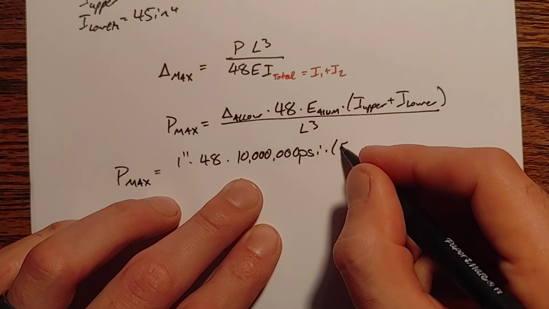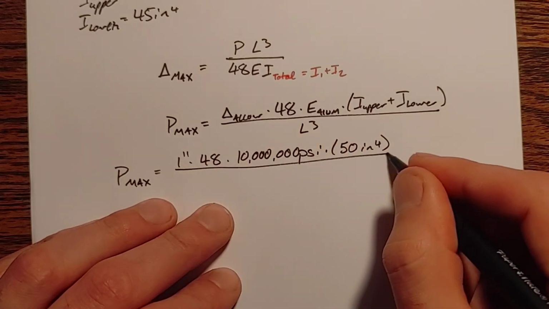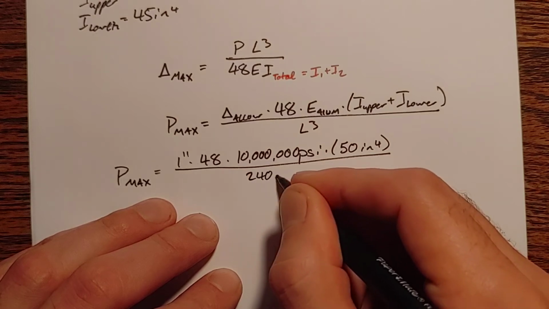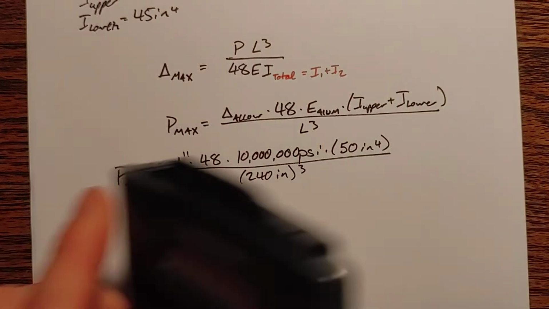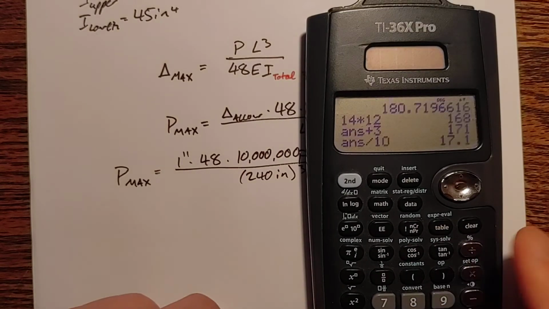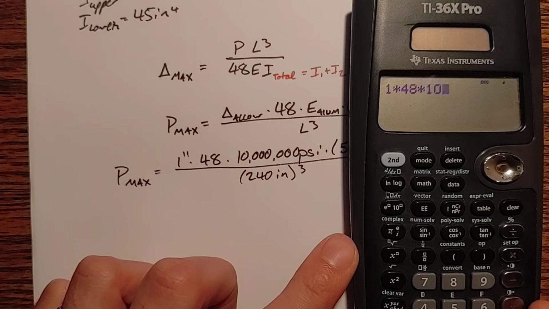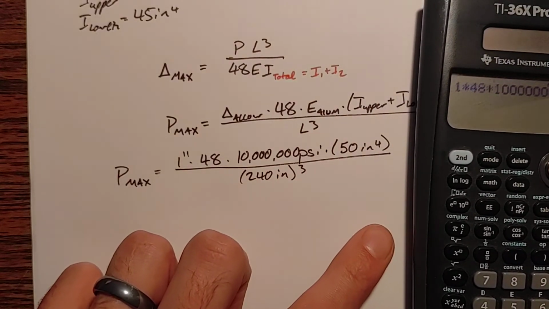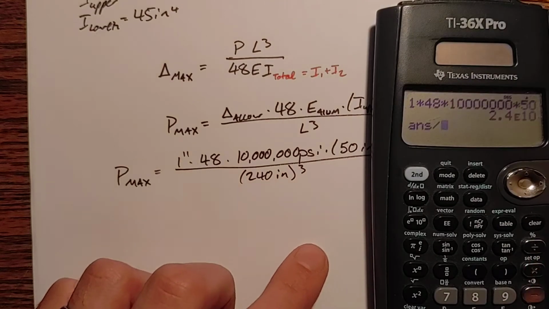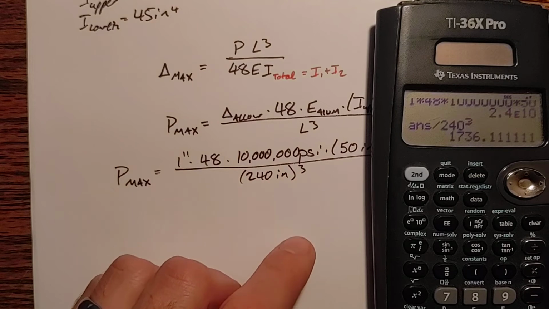5 plus 45 is 50 inches to the fourth, and that is all going to be over 240 inches cubed. 1 times 48 times 10 to the 3rd times 50, divided by 240 to the third power.